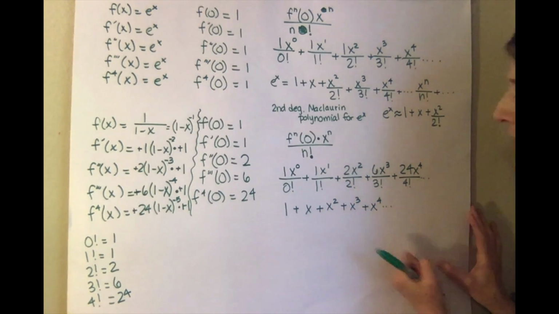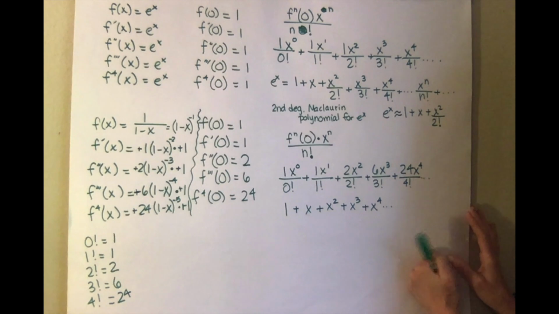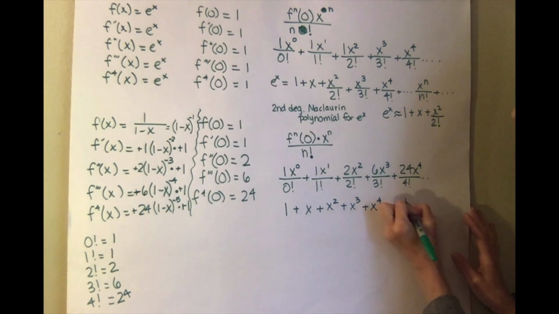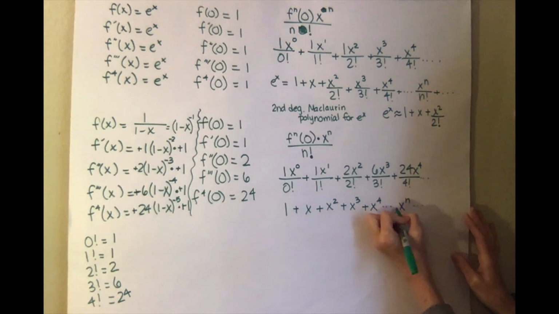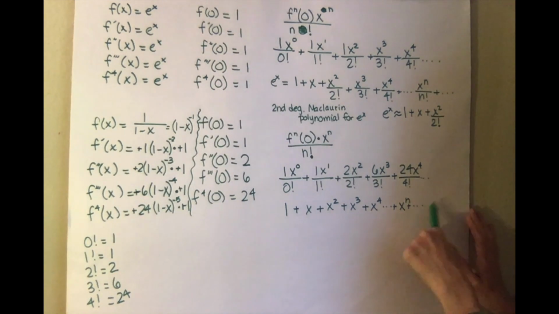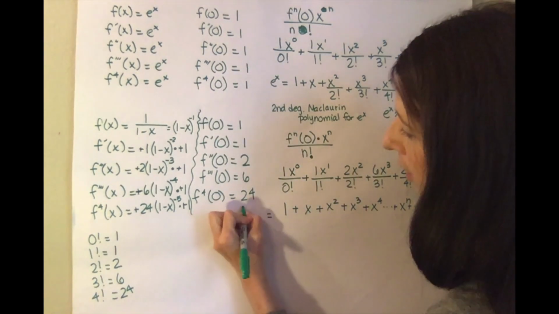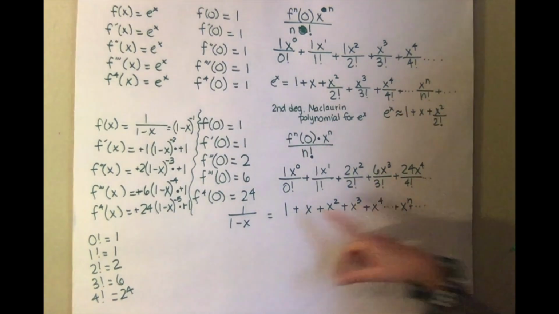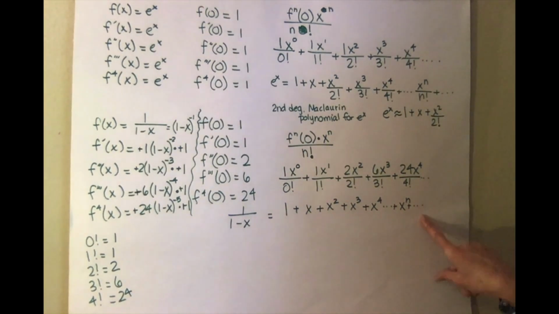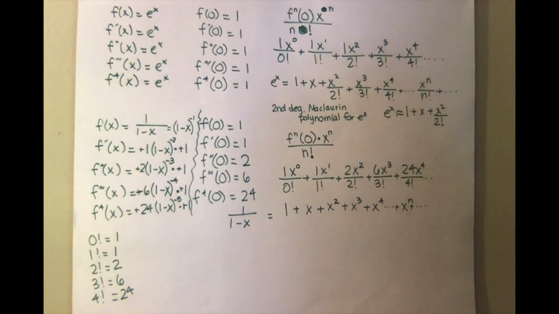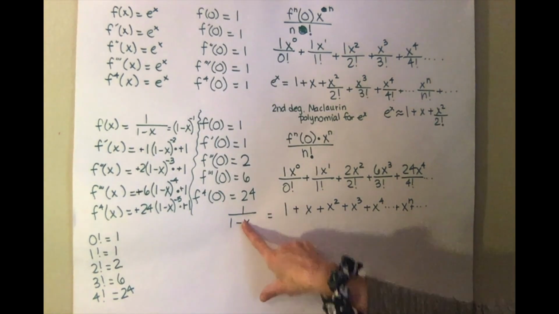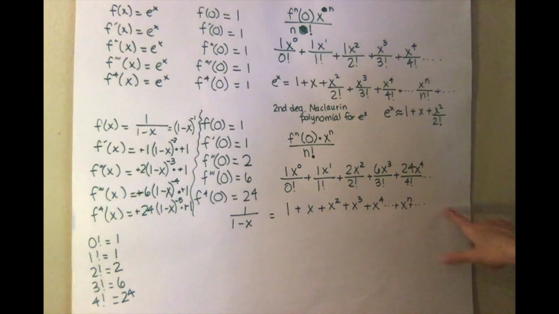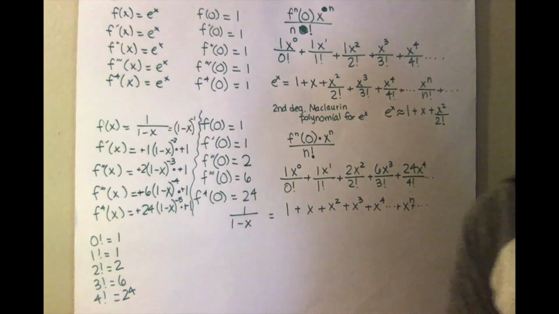So the general term for this one's super easy, x to the n. So this is the Maclaurin series for 1 over 1 minus x. So again, because we listed out all of those terms and we keep our series going forever, we can say that this rational function is equal to this series.